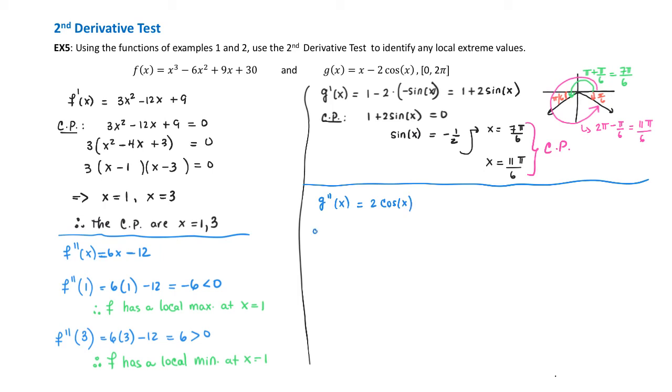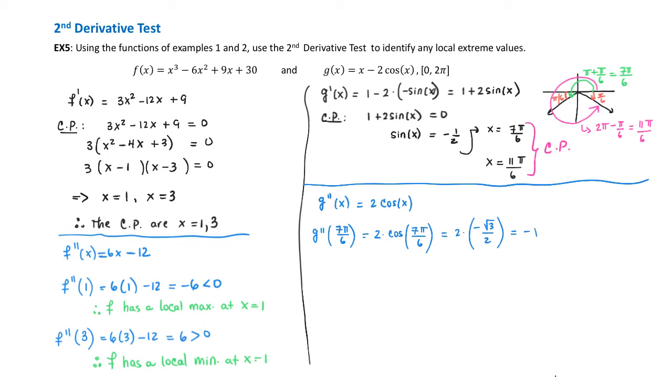And then I will take the second derivative at each of the critical points. 7 pi over 6, that is going to be 2 times the cosine of 7 pi divided by 6, which is going to be equal to 2 times negative square root of 3 over 2.